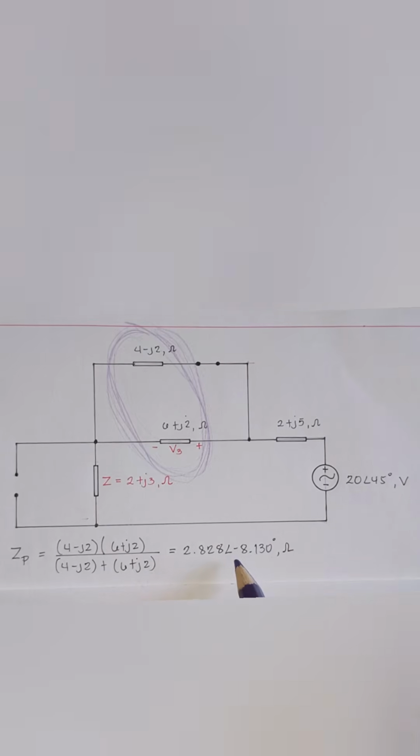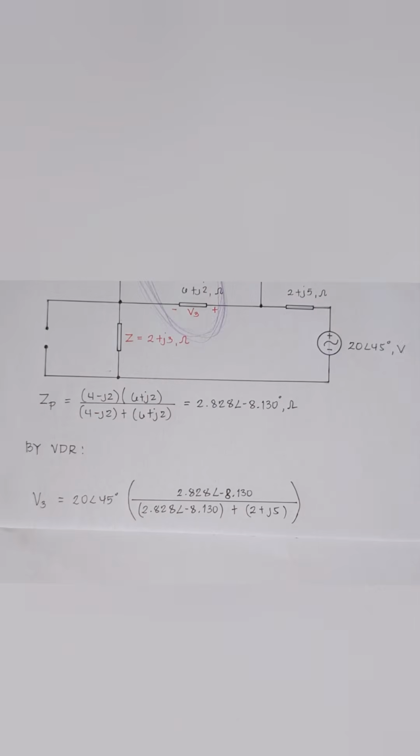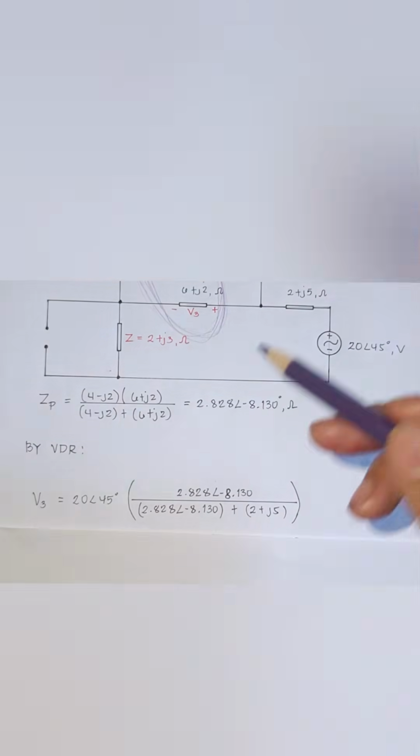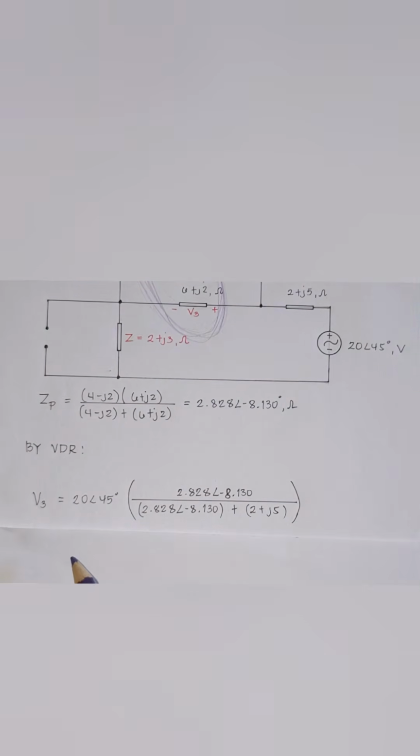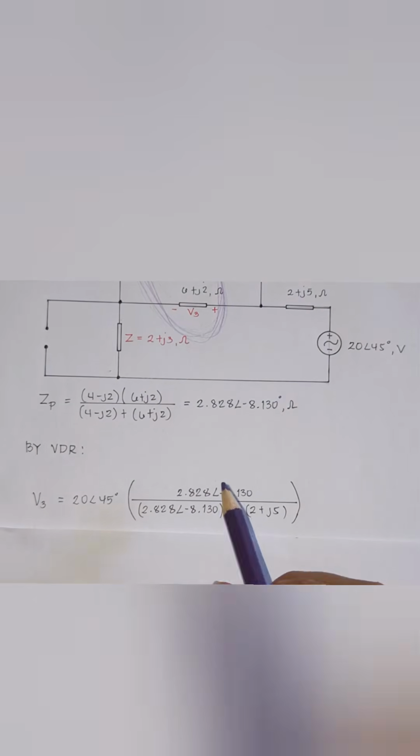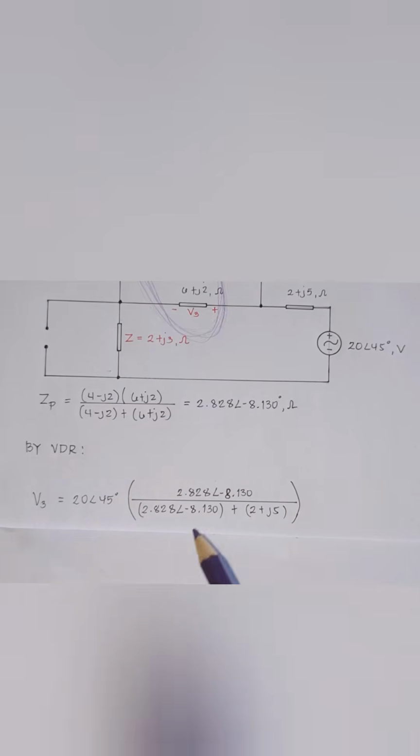2.828 angle of negative 8.130 ohms. And then we apply the voltage divider rule to find V3. So V3 is equal to the voltage source, which is 20 angle of 45 degrees, times the equivalent impedance, which is 2.828 angle of negative 8.130, divided by the total impedance seen by the source.